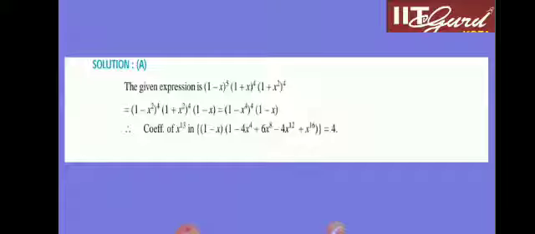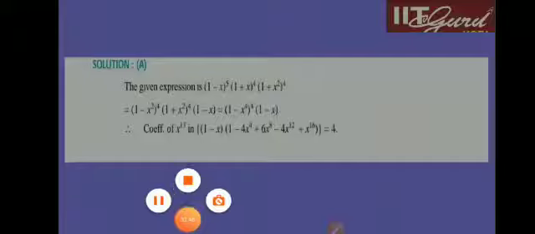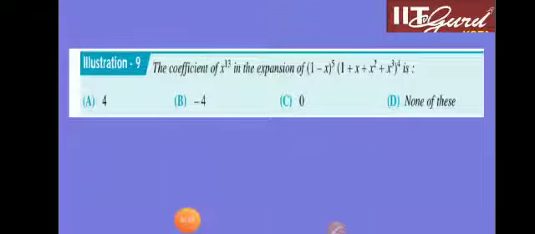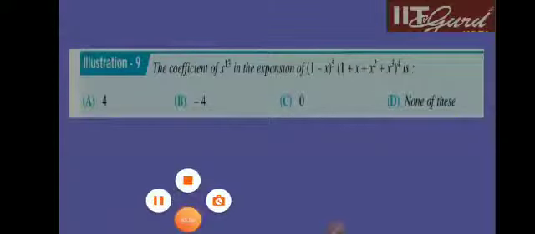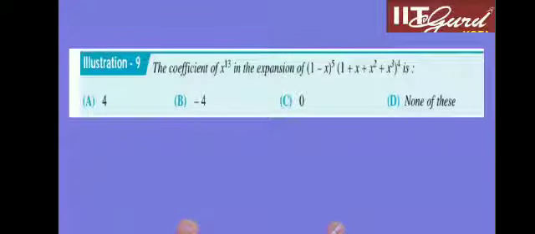So another problem will also be based on the coefficient method. Anyhow, this is the problem. Here you have to find the coefficient of x to the power 9 in the expansion of 1 minus x to the power 5 into 1 plus x square plus x cube to the whole power 4.